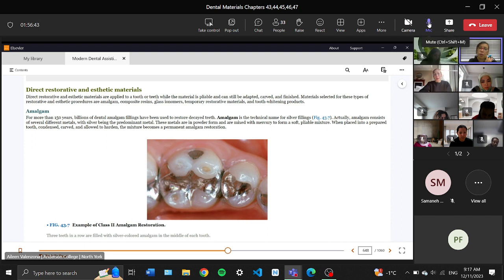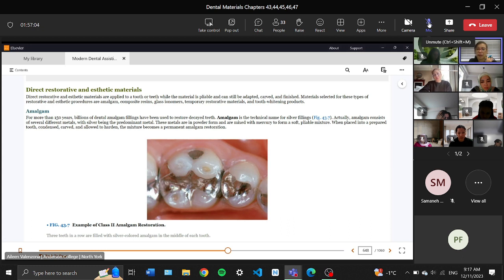Tooth number 16, mesio-buccal cusp. Remember, we have 4 cusps. So, yes, that is class 6. Thank you. And the other one is the distolingual cusp. That is also class 6.